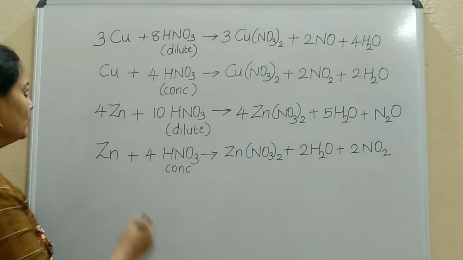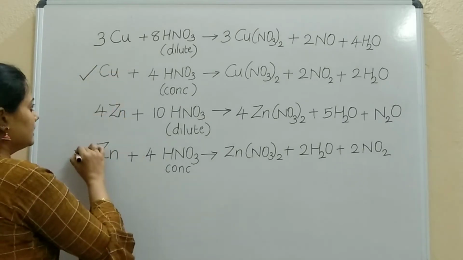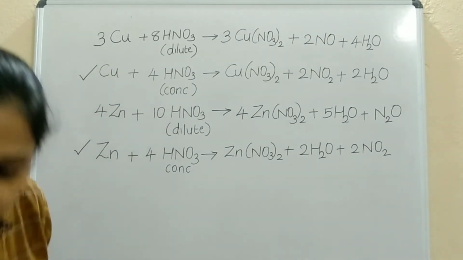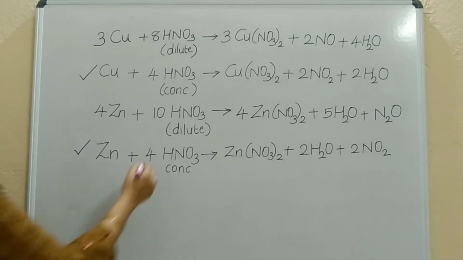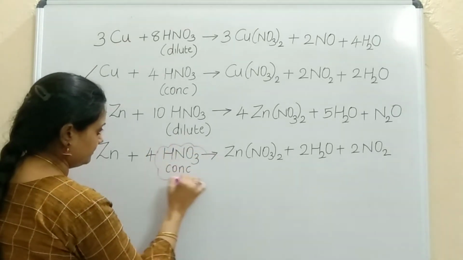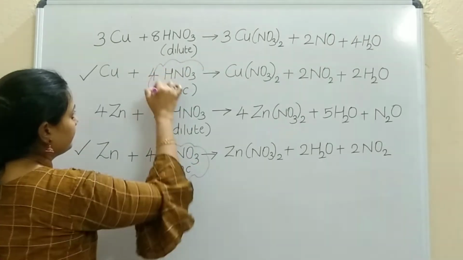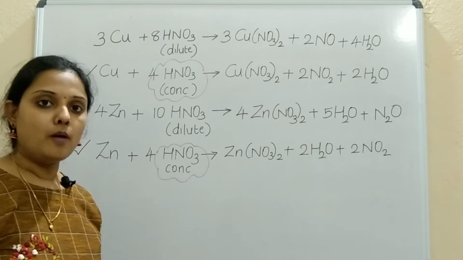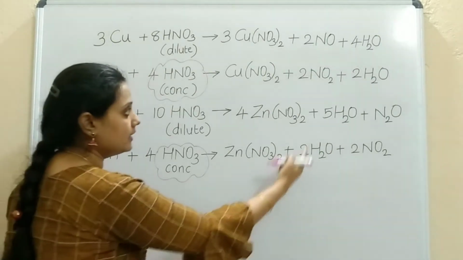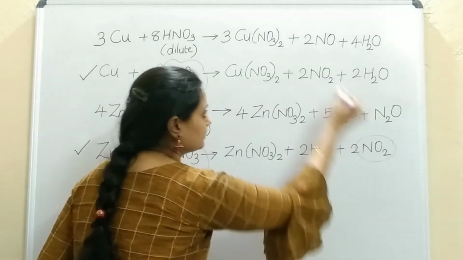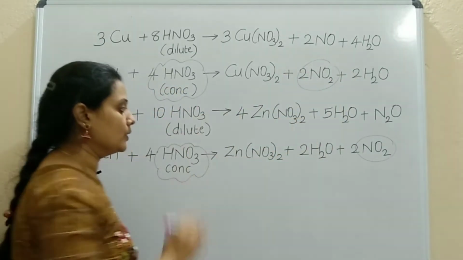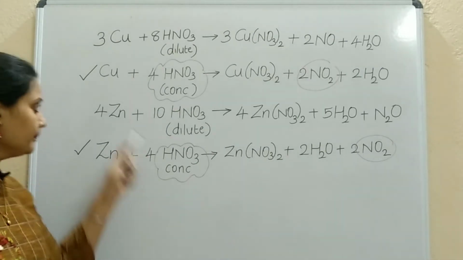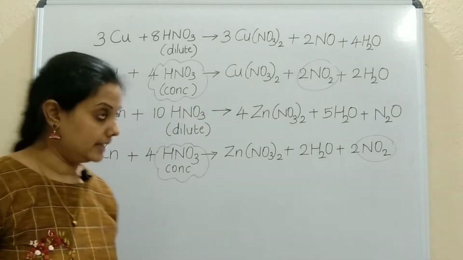So if you check the reactions with concentrated HNO3, the byproducts formed are the same, water and NO2, and the particular nitrates: zinc metal gives zinc nitrate, copper metal gives copper nitrate.